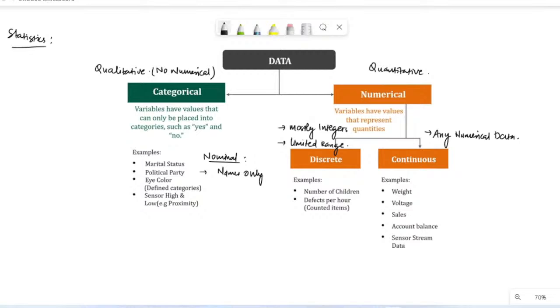Next is ordinal. Ordinal data set will be considered as when the data is in order.